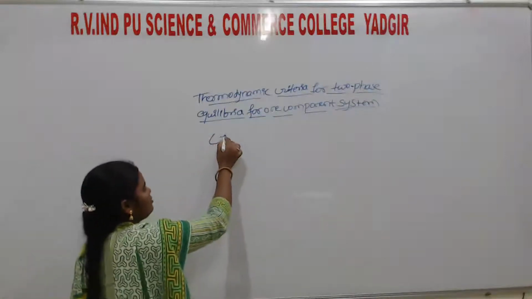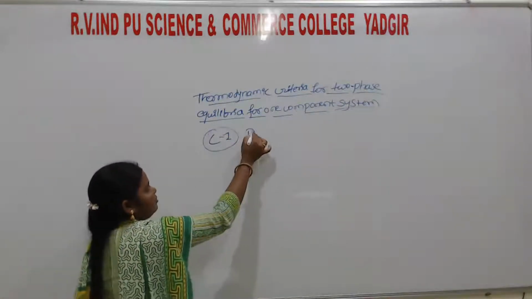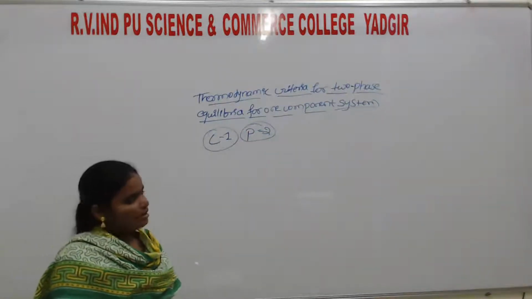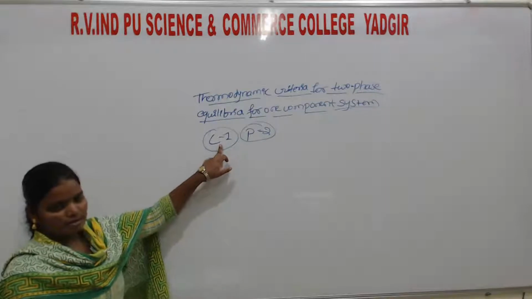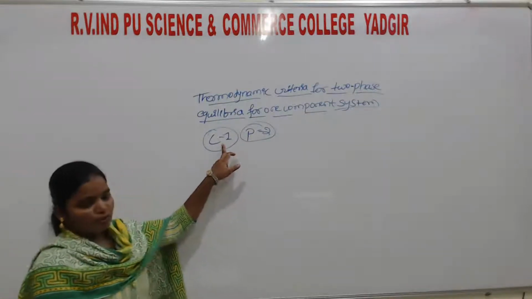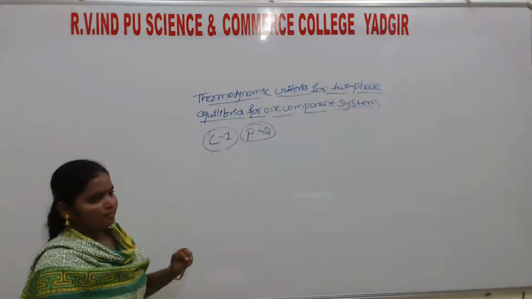The number of components is one and the number of phases is two. In this, consider a one component system, C equals one, existing in two phases in equilibrium.